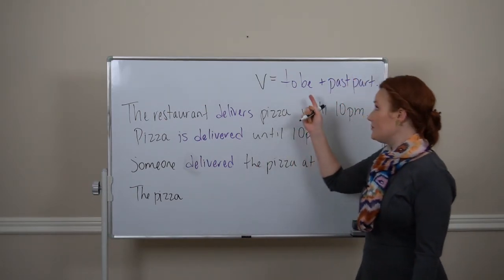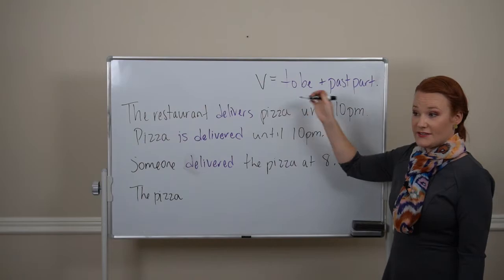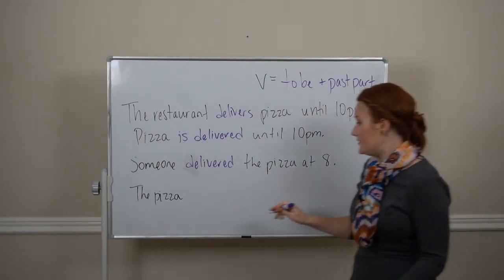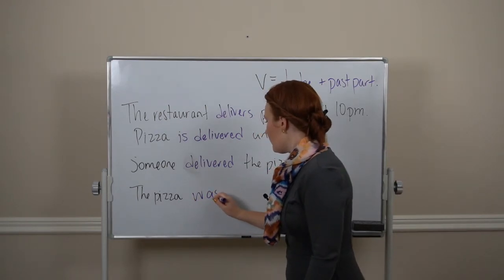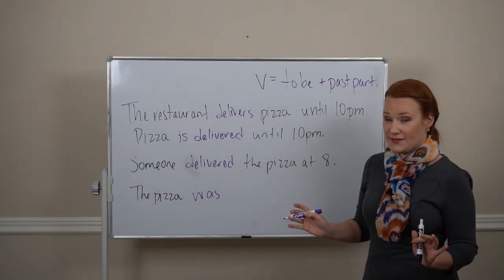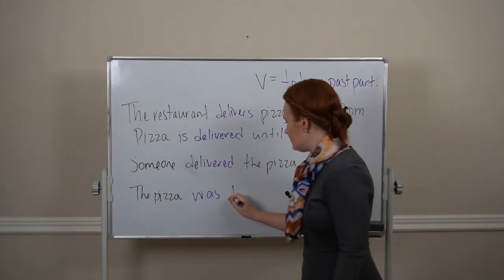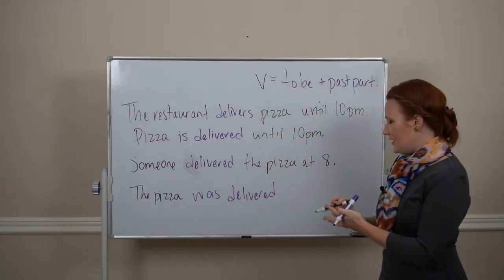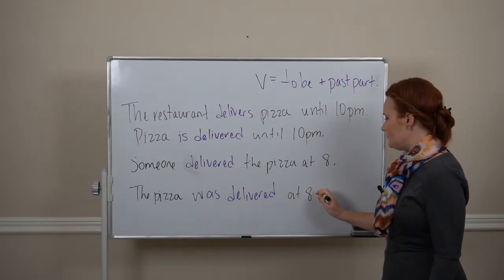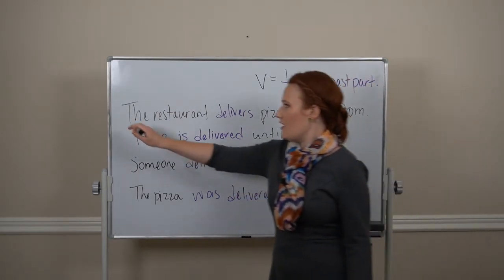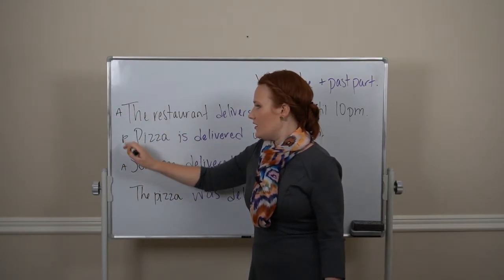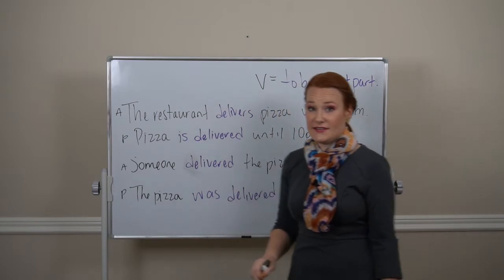So our past simple form of to be is was or were. When we have the pizza, we'll use was. And then again, our past participle, delivered. The pizza was delivered at 8. So here are our two active sentences and our two passive sentences.